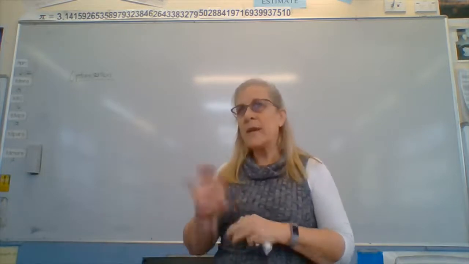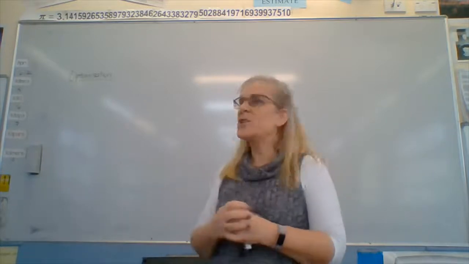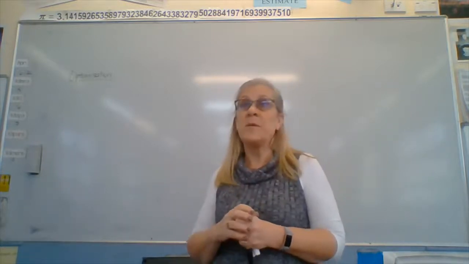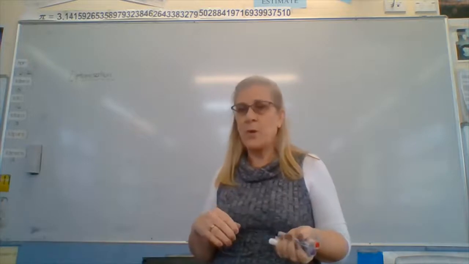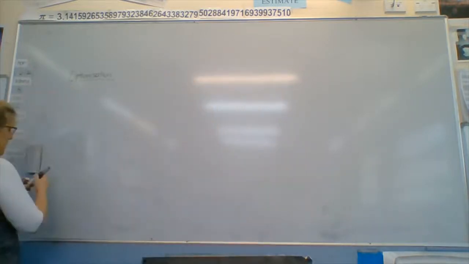So ultimately this has got a bit of a way to go, but we're going to start with just optimizing and finding maximum and minimum of application problems. All right. So what does it mean? It means finding the maximum or the minimum.